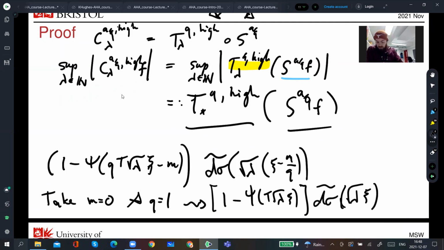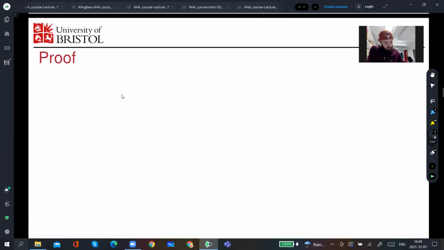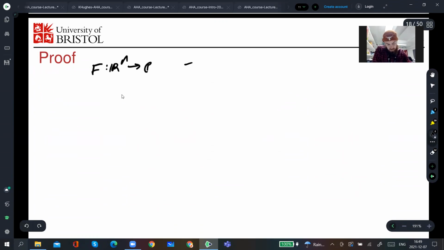If we call this the Fourier transform of a measure on the sphere, root lambda, the high one, then we had a bound for the maximal function for this on L2. What was that? It said that if I look at f from R^d to C, and I take f convolved with d sigma root lambda high, and I took a sup over lambda from big lambda to twice big lambda.